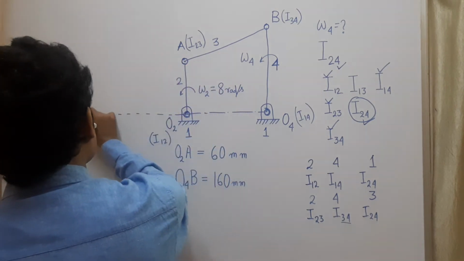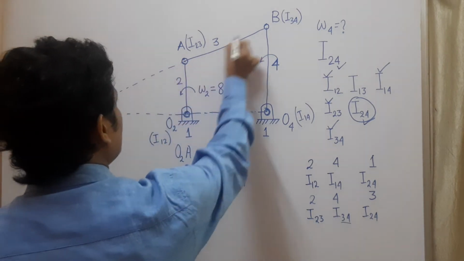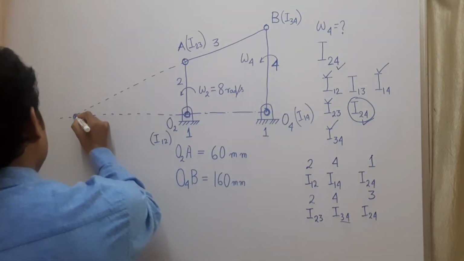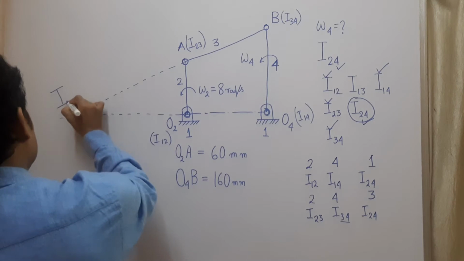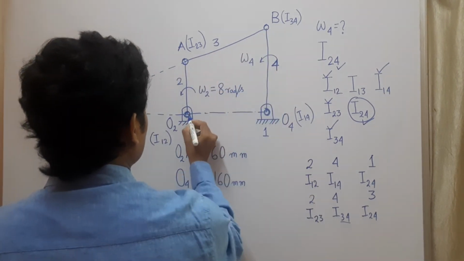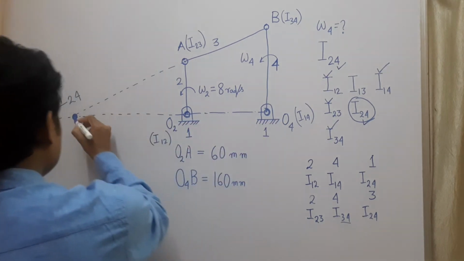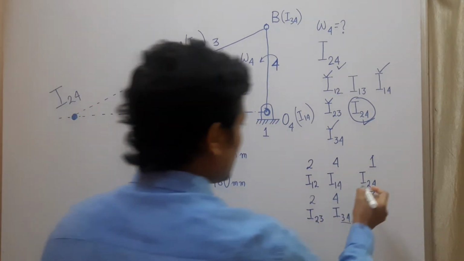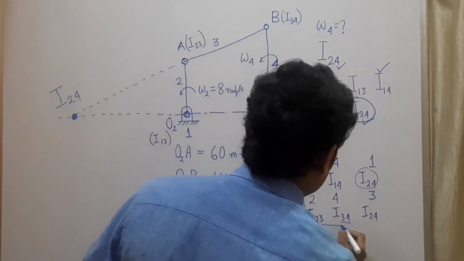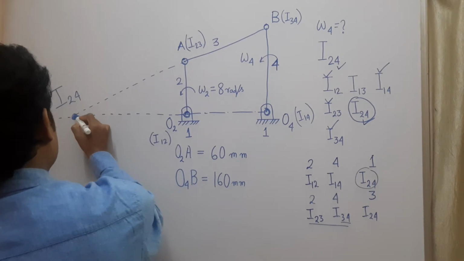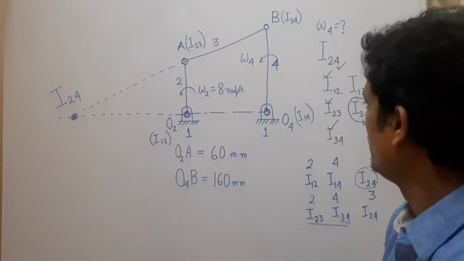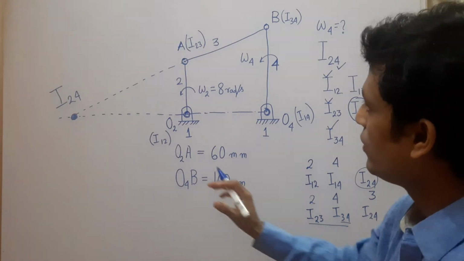So I24 will lie on this line. Now if we extend these two lines, they will meet at I24. So the intersection of AB and O2O4 is nothing but I24, because I24 lies on this line as well as on that line. Their intersection is the location of I24. So now we have located this.